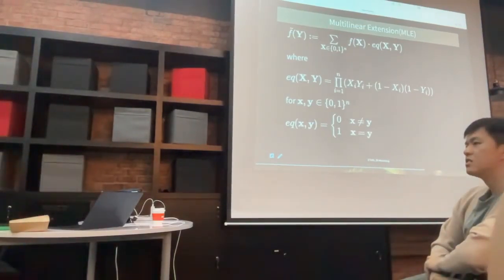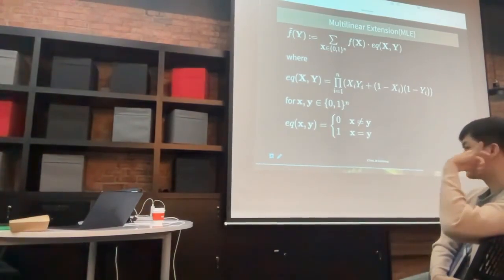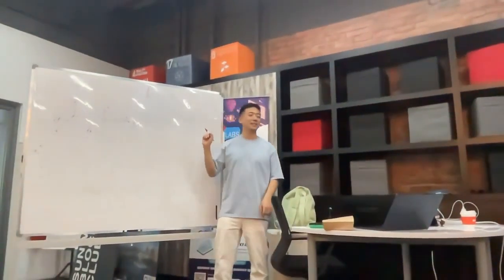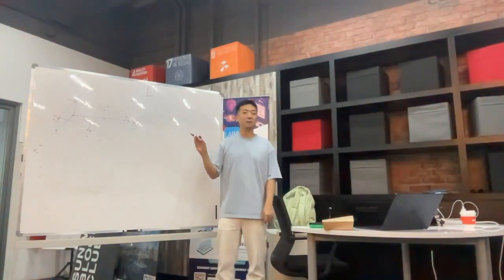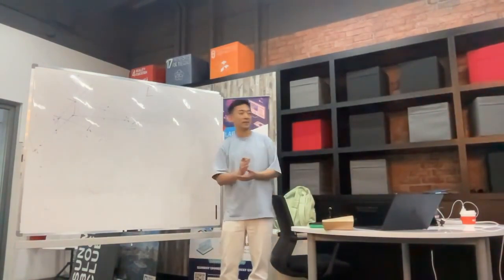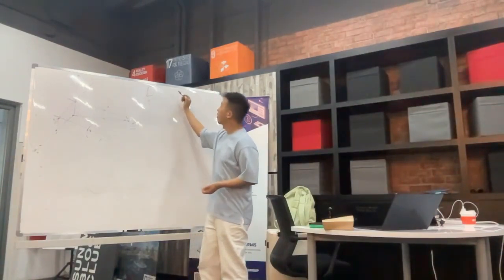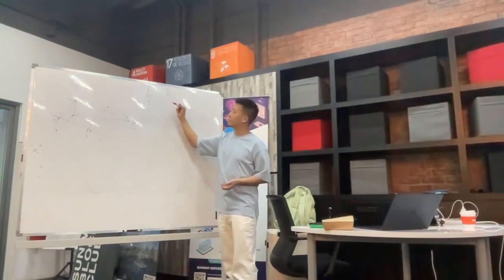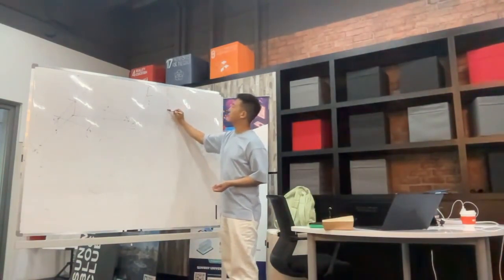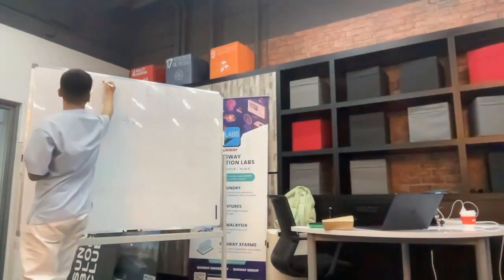Let's see the example of the QAP. Let's say L is a multilinear polynomial that interpolates some points, like 3, 5. R is a multilinear polynomial that interpolates something else.